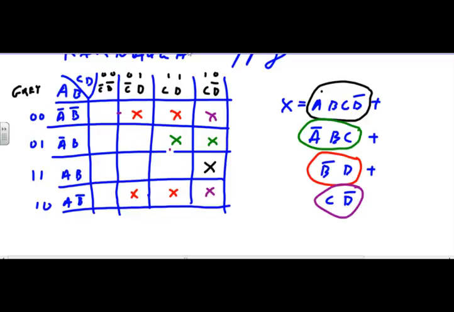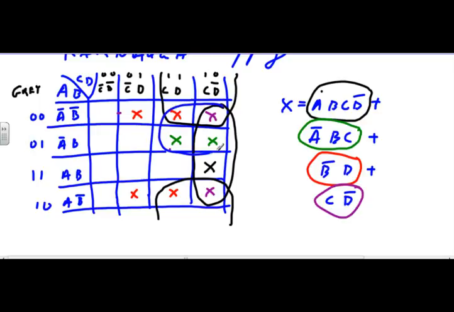If we group ourselves in 4 this way, and 4 that way, and 4 that way, and then we group ourselves in 4 this way and 2 that way.